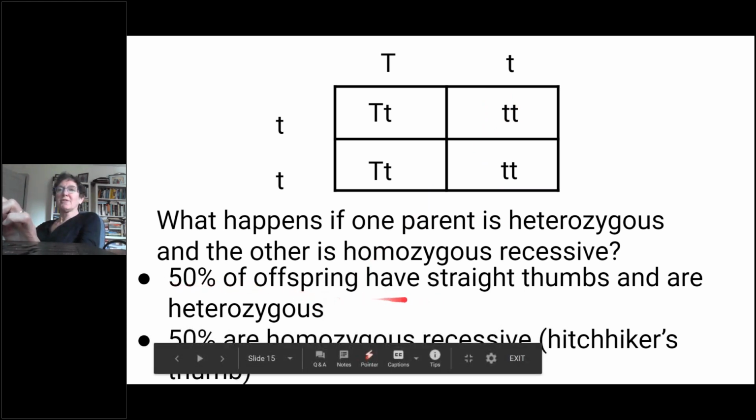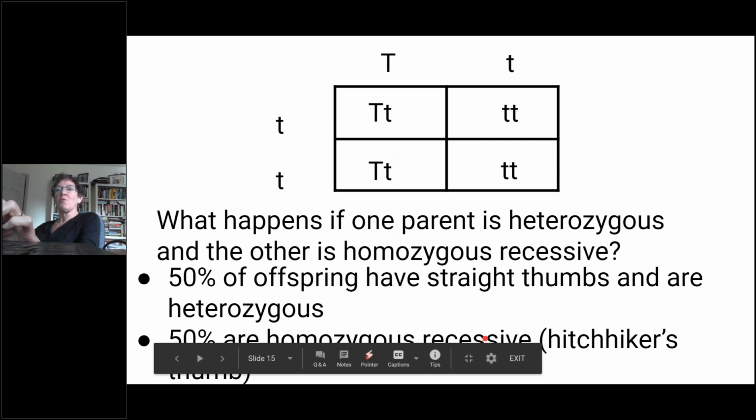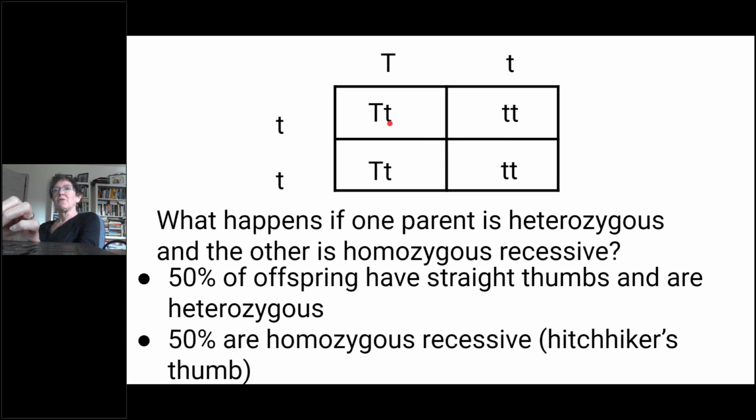So 50% of the offspring have straight thumbs and are heterozygous, that's these two, 1, 2, and 50% are homozygous recessive, these two, and they will have hitchhiker's thumb. So genotype for straight thumb, genotype for hitchhiker's thumb.